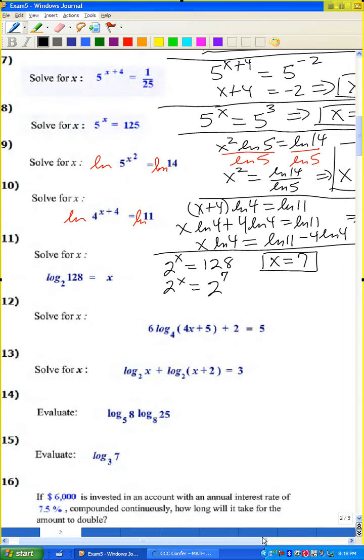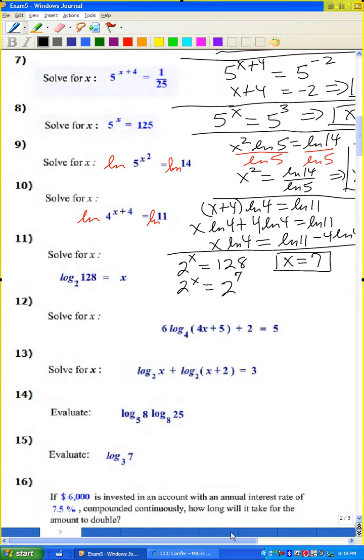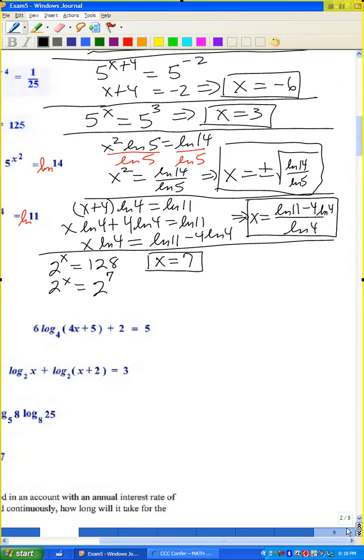Let me do problem number 12. And so subtract 2 from both sides. So I have that 6 log base 4 of (4x plus 5) is 3.